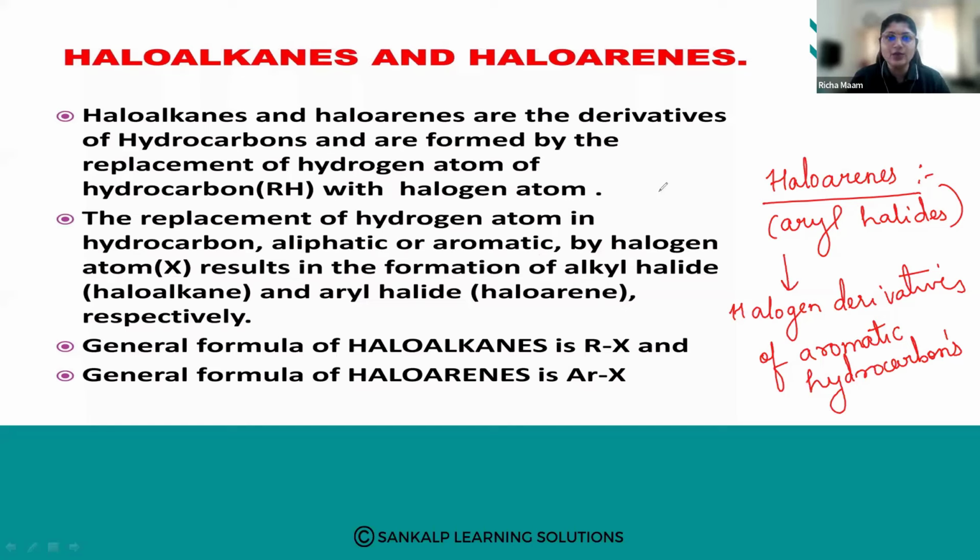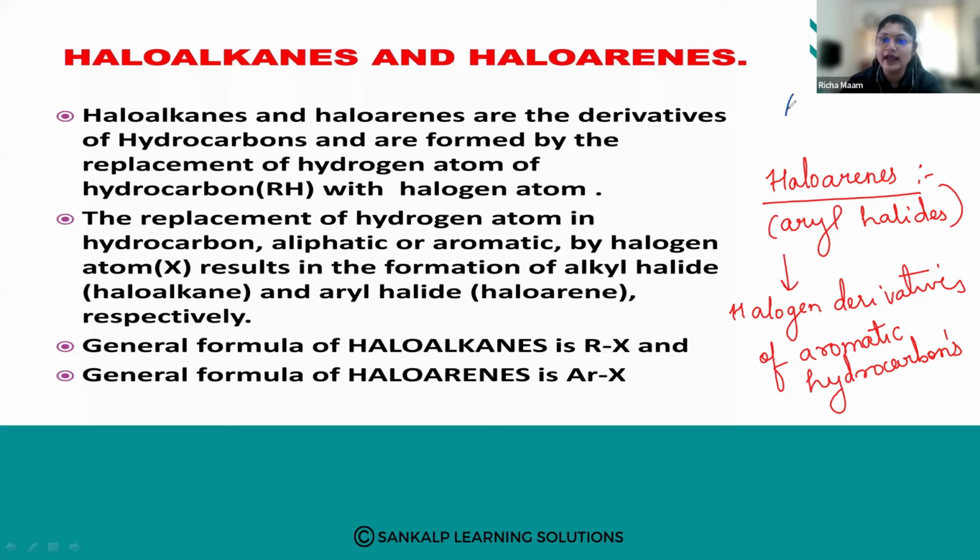So haloarenes are halogen derivatives of aromatic hydrocarbons in which one or more hydrogen atoms are replaced by a halogen atom. How do you represent them?